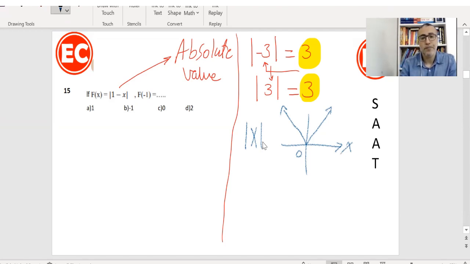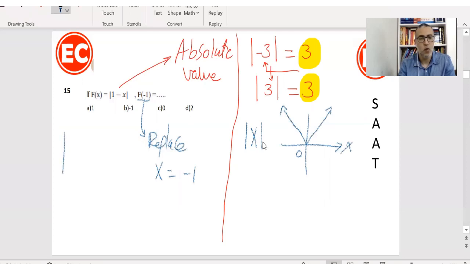Okay? Now, what is inside the absolute value could be positive or negative, but the answer can be positive only. He asked us to find f of -1, and the meaning of f of -1 is to replace x with -1.